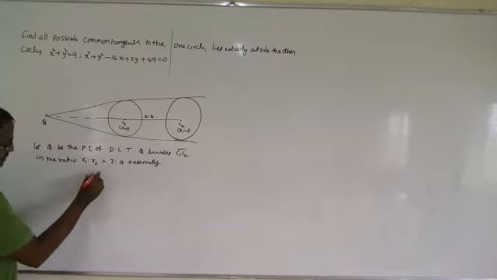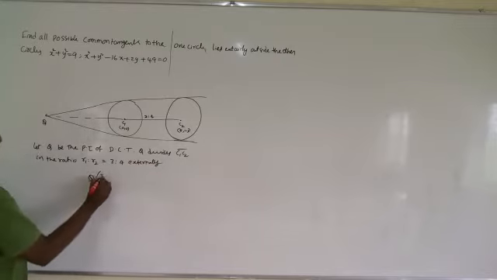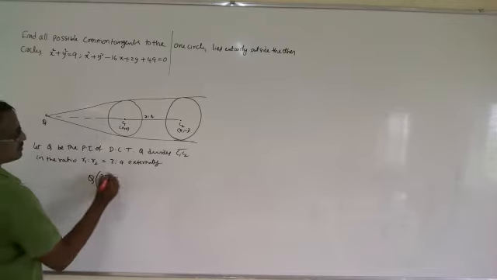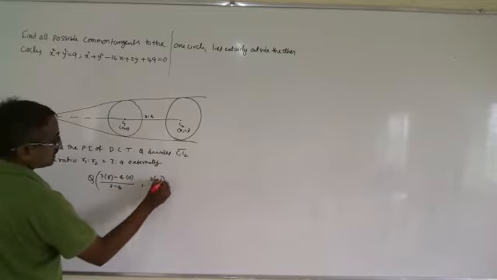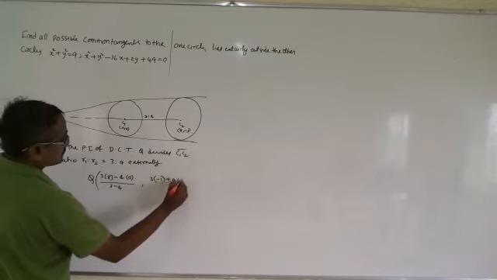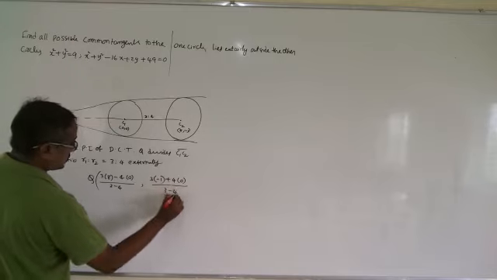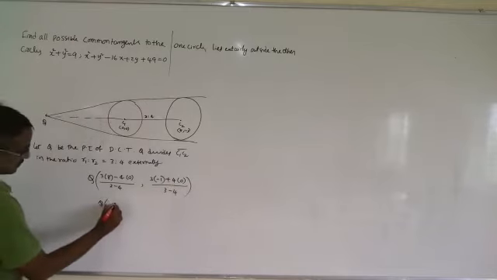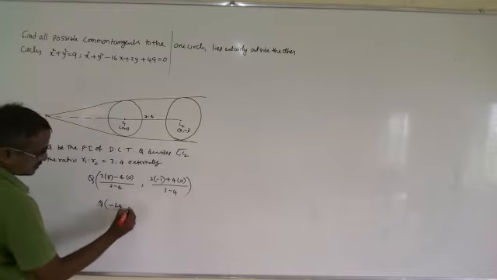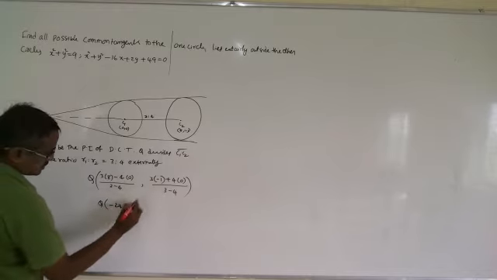Now let us consider point Q. So (3 into 8 minus 4 into 0) by (3 minus 4), and (3 into minus 1 plus 4 into 0) by (3 minus 4). So Q can be (minus 24, 3).